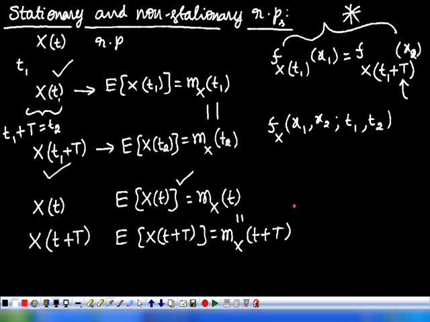If the mean value of the random process is not varying with time, then the mean value is constant. So mx of t is equivalent to mx of t plus t, which can be called simply mx, where mx is a constant.